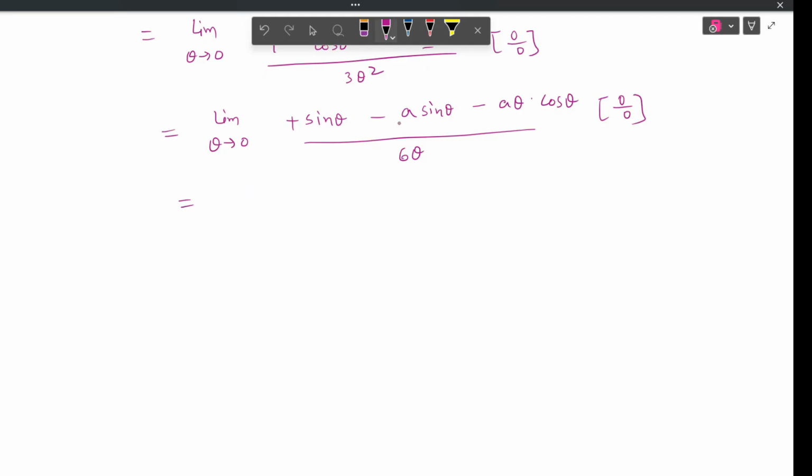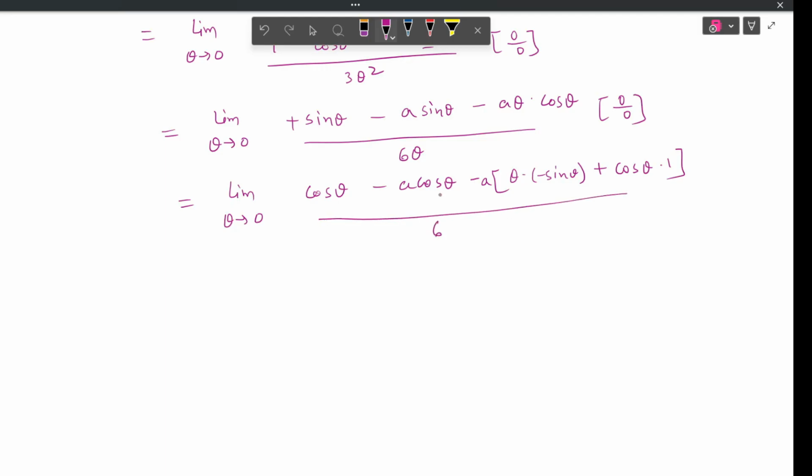So now apply L'Hospital again, limit theta tends to 0, sin theta differentiation is cosine of theta, this will be minus a times, again apply u into v rule, keeping theta, differentiation of cosine theta is minus sin theta, plus keeping cosine theta, differentiation of theta is 1, divided by 6.